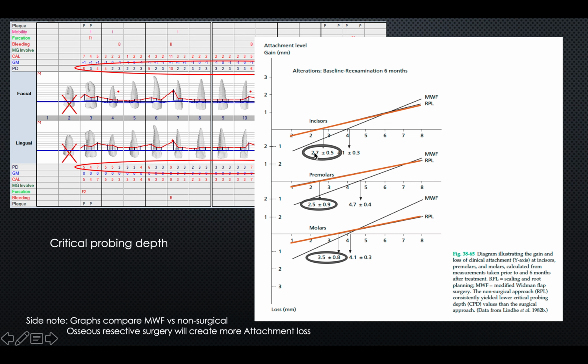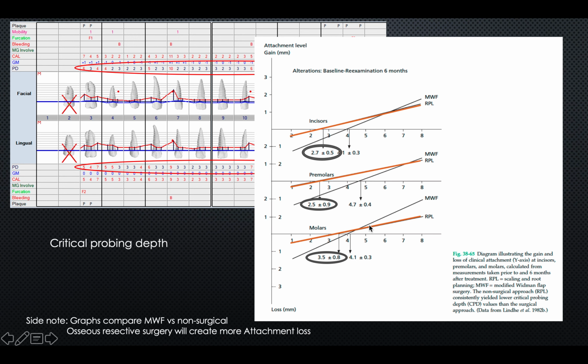If it's more than 2.7, you will probably gain some attachment, and the deeper the probing depth, the more attachment gain you have. If you have 8 millimeters of probing at the initial examination and you do scaling and root planing, you will gain around 1.5 millimeters of clinical attachment.